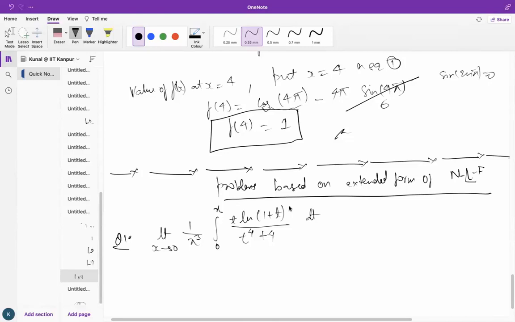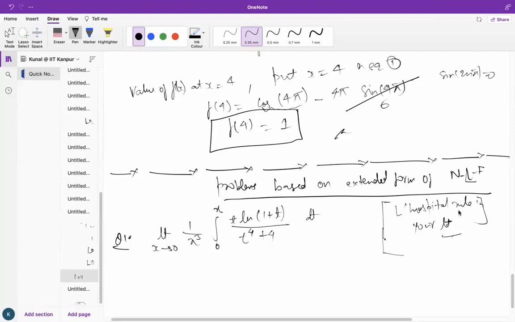Let me tell you one thing before solving this question. I hope you all learned the L'Hopital rule in your limit chapter, right? We are using the L'Hopital rule here. If you don't recall, let me quickly recall it.